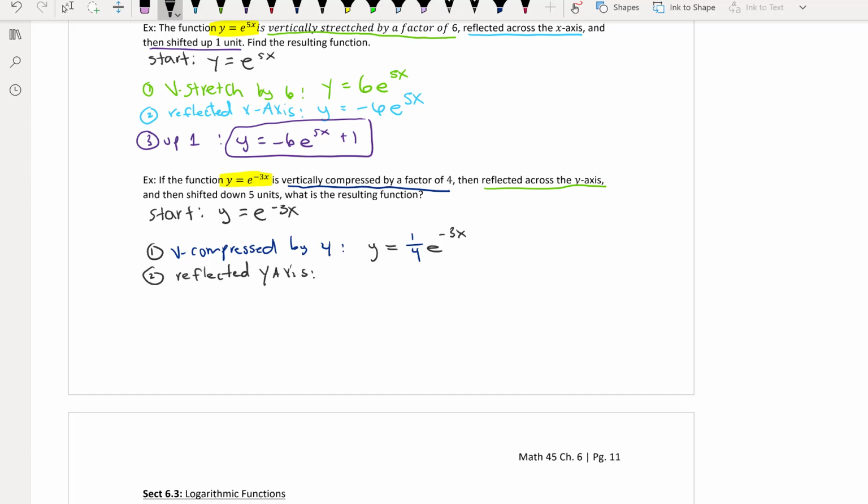So that means I'm going to have y is equal to 1/4 e, and now there's a negative in front of my negative 3x. You're thinking, wait, a negative times a negative is a positive. That is correct. So I really have y is equal to 1/4 e to the positive 3x.